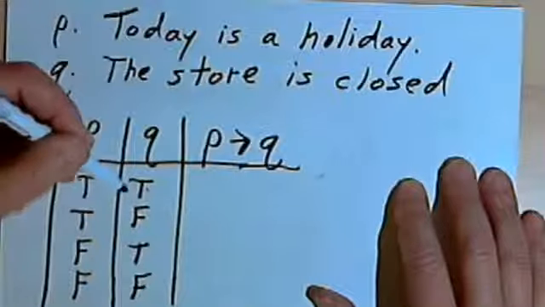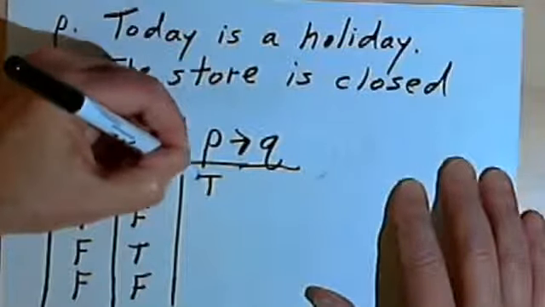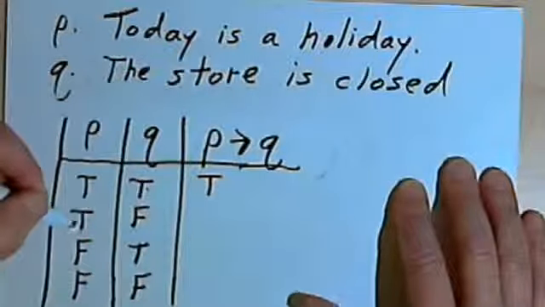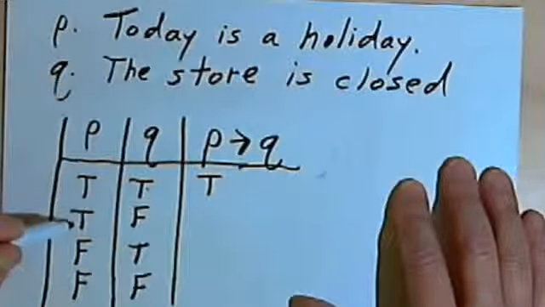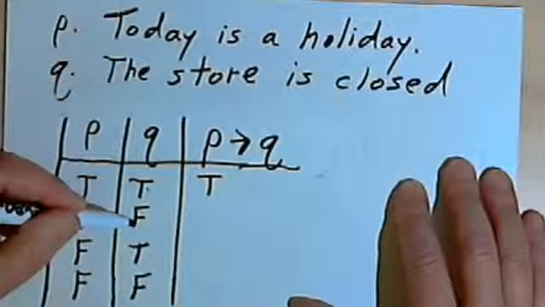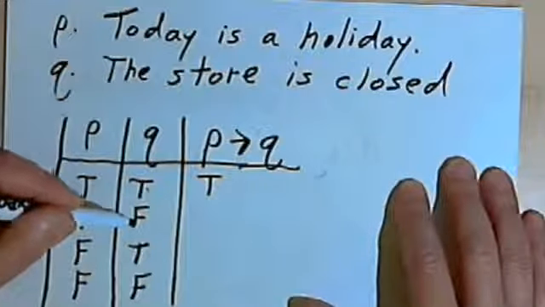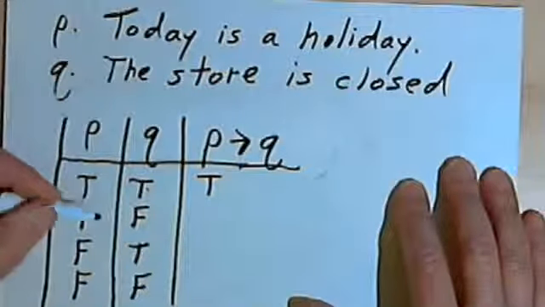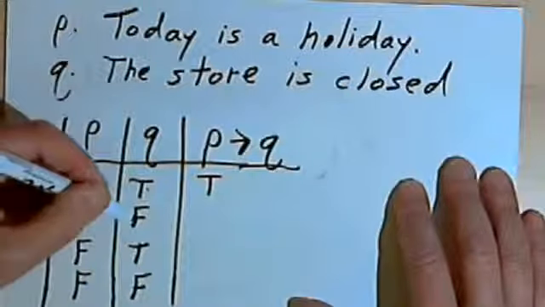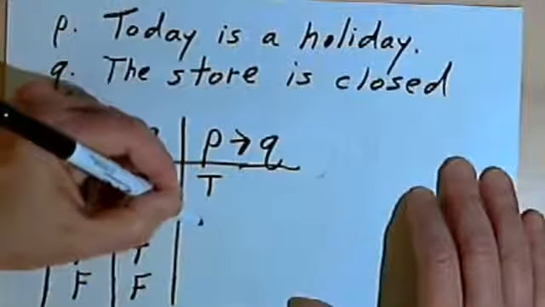I expected the store to be closed because today was a holiday. So this is a true statement. If today is a holiday and the store is not closed because Q is false, then my expectation has not been met. I expected that since today was a holiday, the store would be closed, and the store was not closed. So this is a false statement.